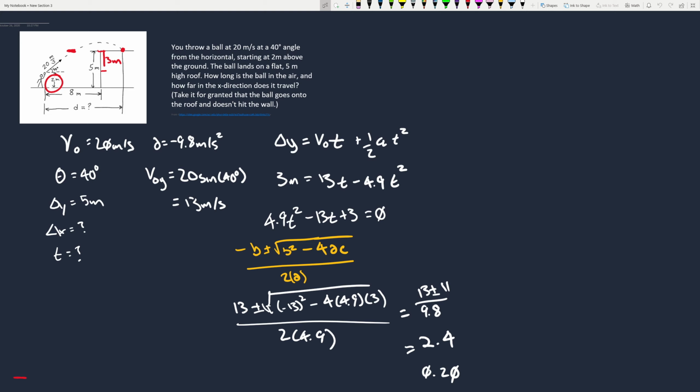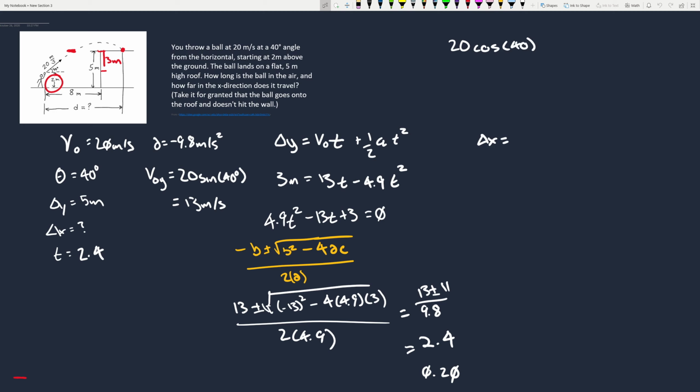So now that we know time, we can fill this out. Time is now 2.4. It's pretty easy to just find the x direction, or how far the ball traveled in the x direction. We can simply use the same kinematic equation, but using the x components instead. So delta x is going to be equal to the initial velocity in the x direction, which is 20 cosine 40.